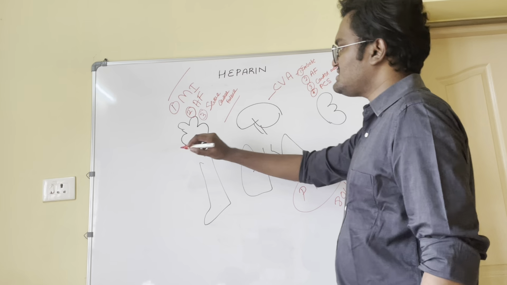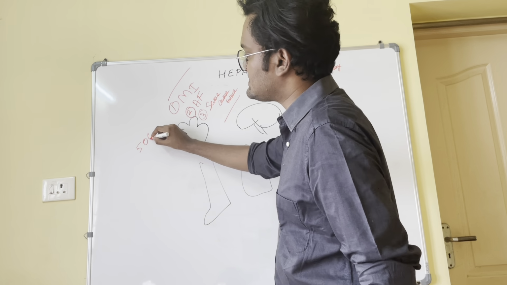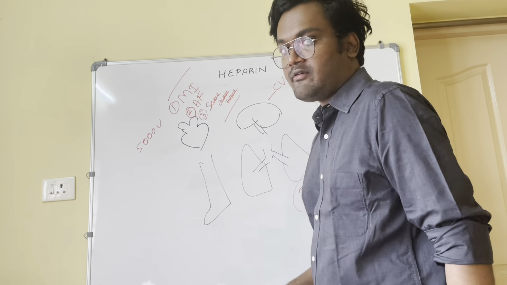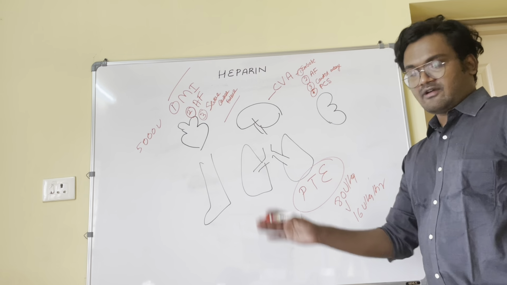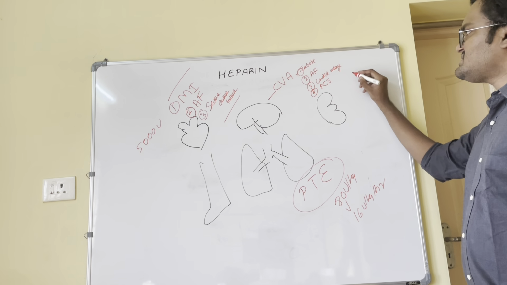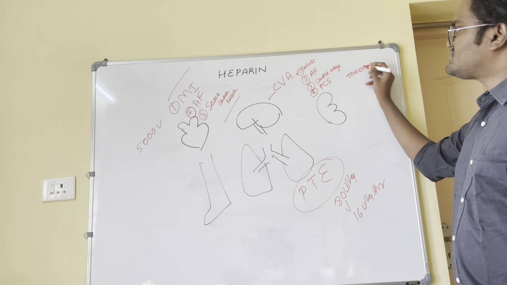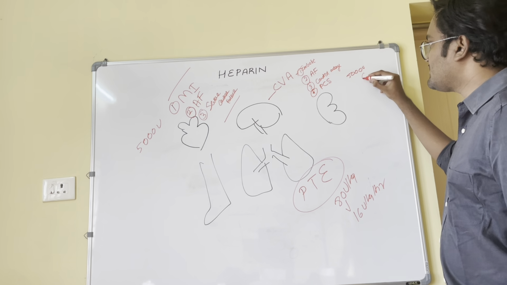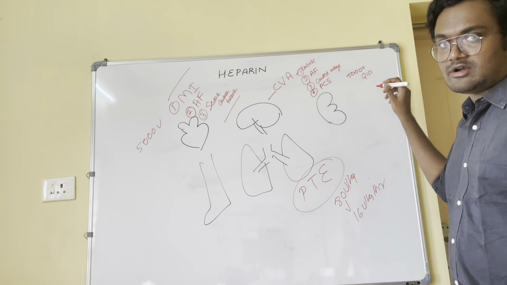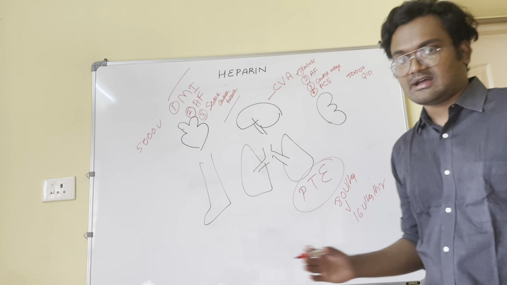This is around 5,000 units of heparin. In this we also use 500 units 2 to 3 times daily, but usually we give a QID dose with monitoring. I'll come to the monitoring part a little later.